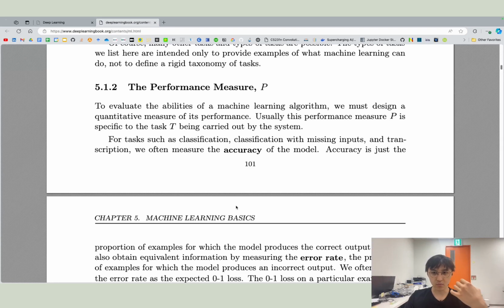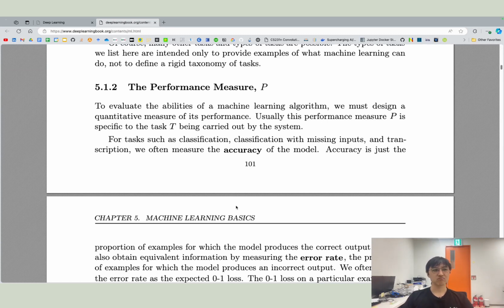For example, if your program is saying that all images are a cat, not a dog, then it means that performance is somehow bad. And you should have a metric which will measure the performance of your model. So here, the performance P comes in.